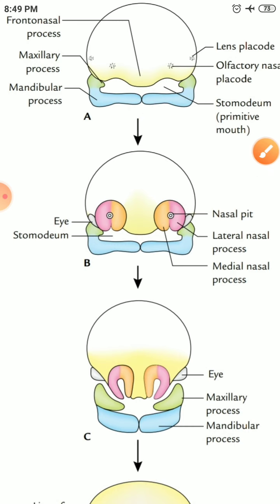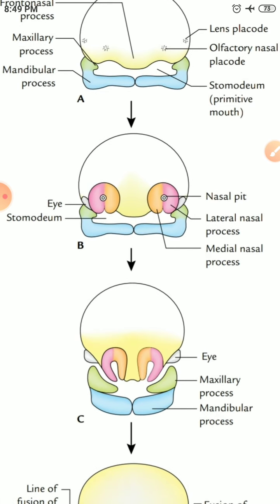Next we'll see what happens to the other processes in the diagram. The nasal placode, or the olfactory placode, gets divided into two swellings, the lateral nasal process and the medial nasal process. The lateral is colored pink and the medial nasal process is colored orange. At the center is the nasal pit.